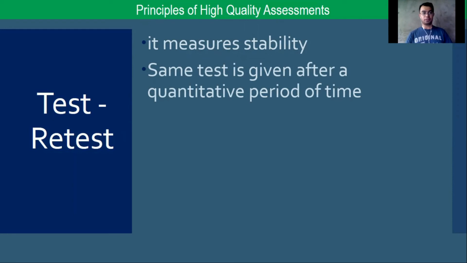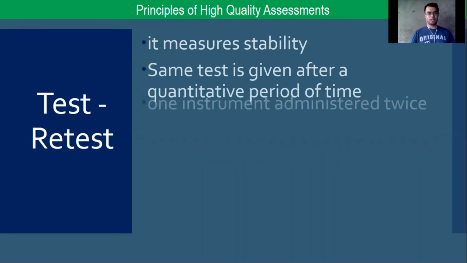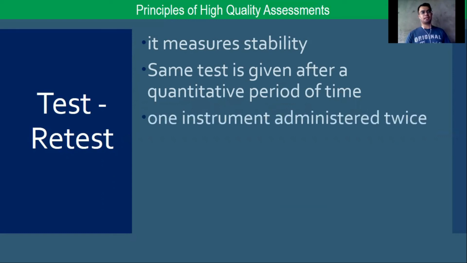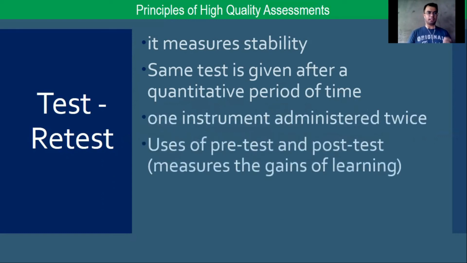So for example, you give a pre-test, then a lecture or content teaching for 2 weeks, and after 2 weeks you give the same test again as a post-test. So one instrument administered twice, using a pre-test and post-test. We use this if we want to measure the gains of learning, so how much learning they have gained before and after the instruction.